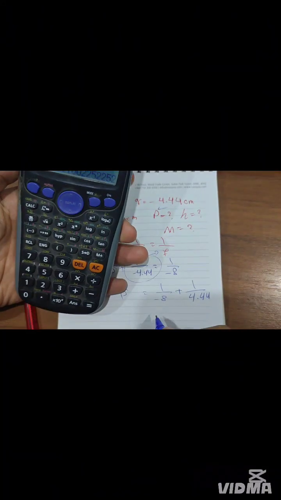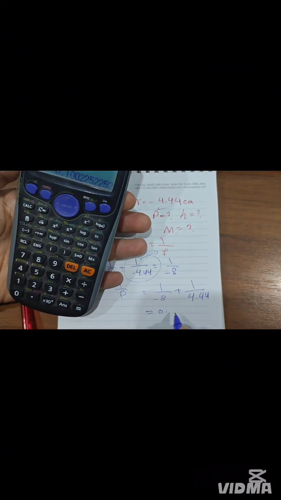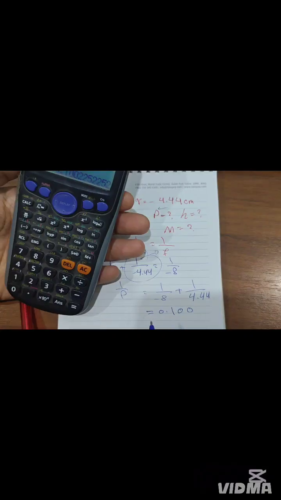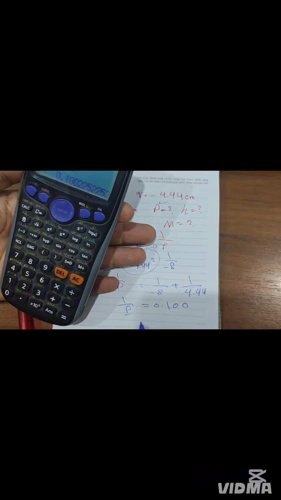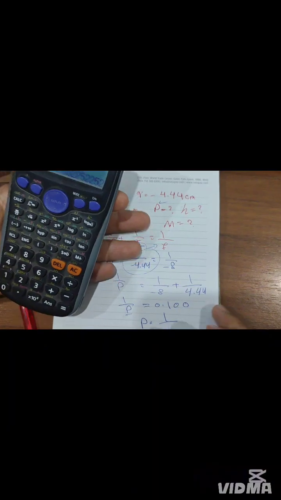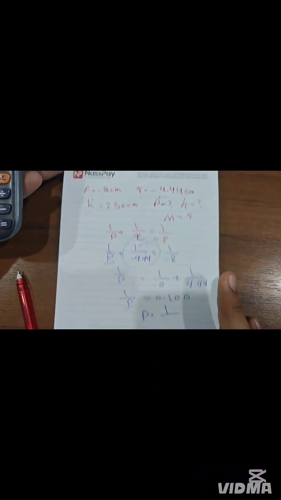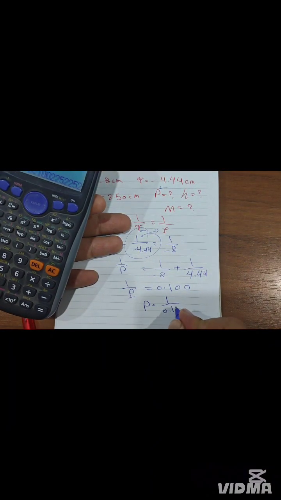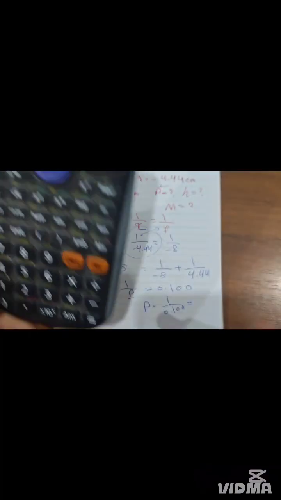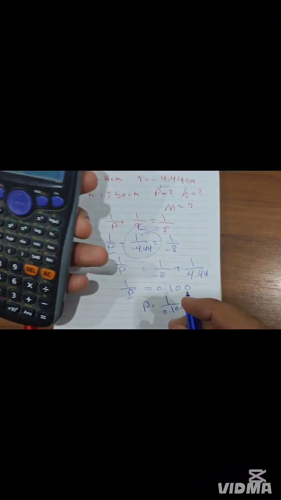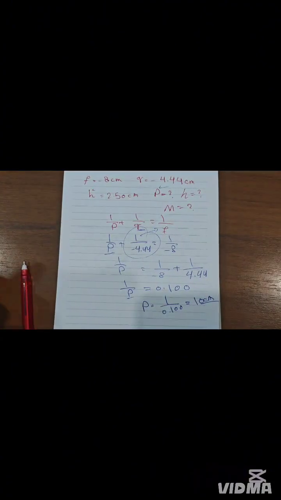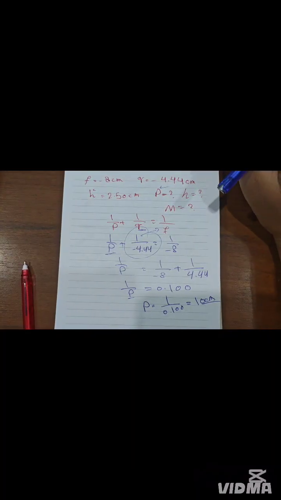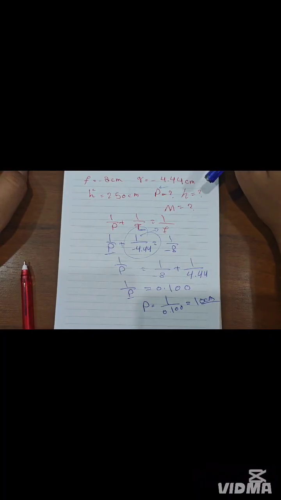The answer is 0.100 for 1 over p. To get the value of p, flip this number: p equals 1 over 0.100. The answer is 10 centimeter, the object distance.